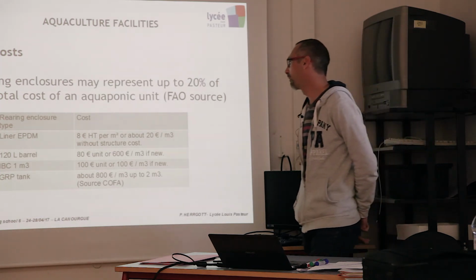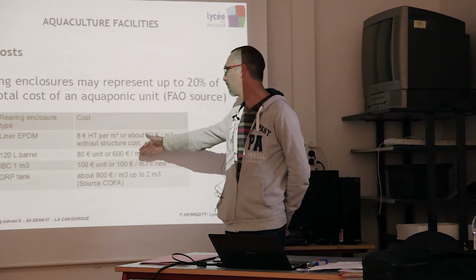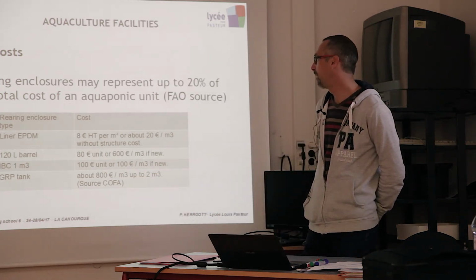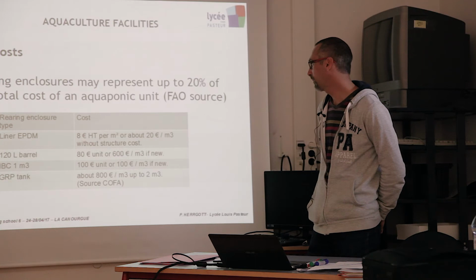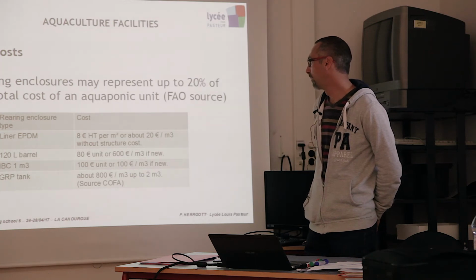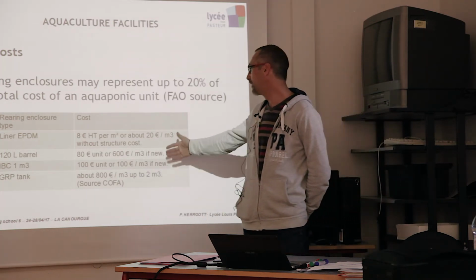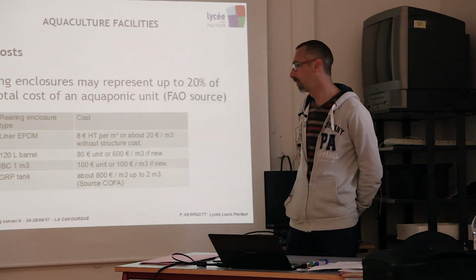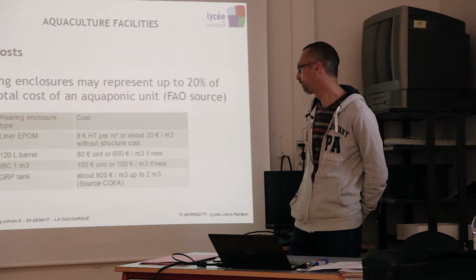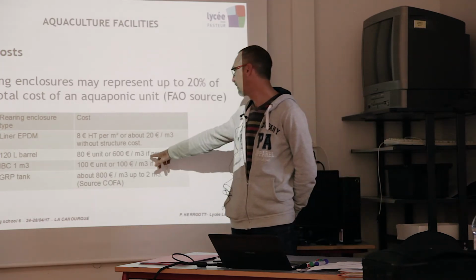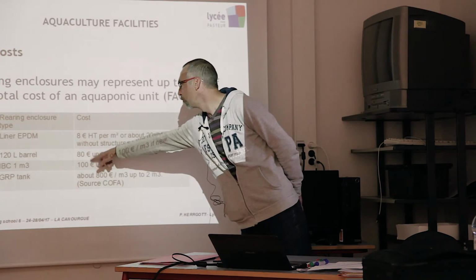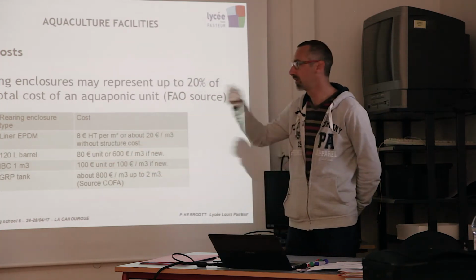After that, from barrel, IBC, and GRP tanks, the costs are very different. The low cost is the IBC. I think it can be lower if it's recycled. I guess the first ones, we were buying them for like 10 euro. Yes, you buy it new at this cost.